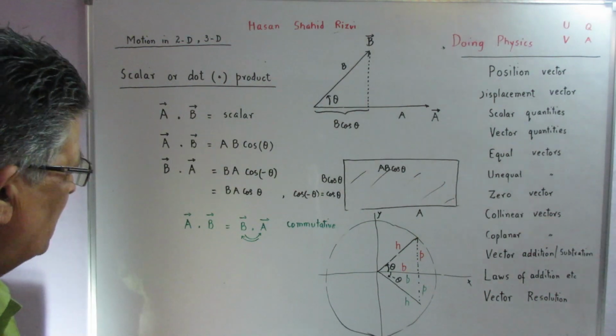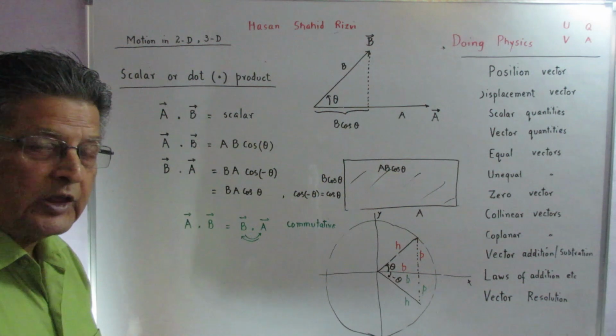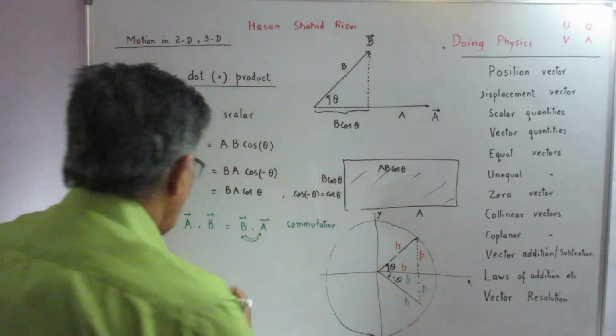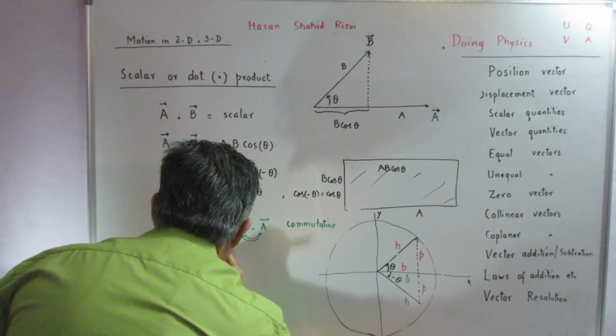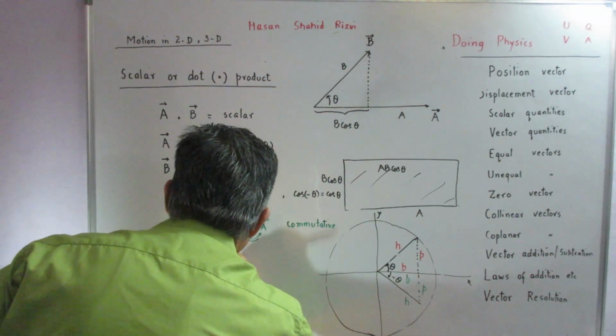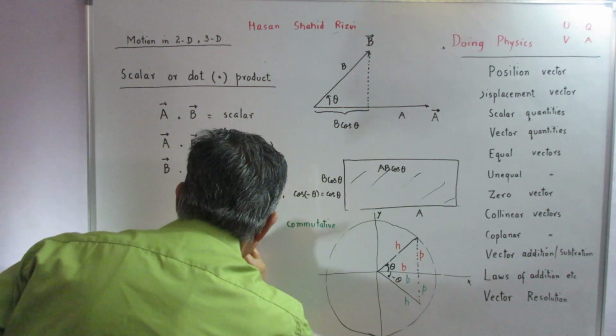Now one thing, suppose B and A belong to the same family, and I want you to know what is the vector A dot itself, A dot A.